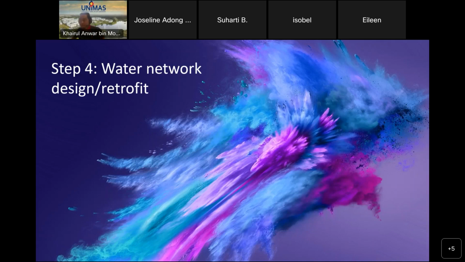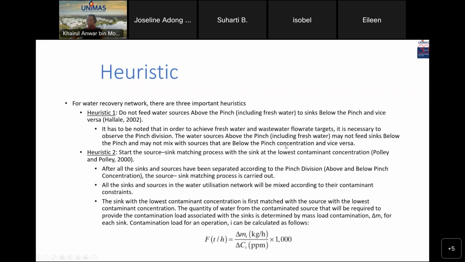The fourth step for conducting the mass pinch analysis. For the water recovery network, there are three important heuristics.